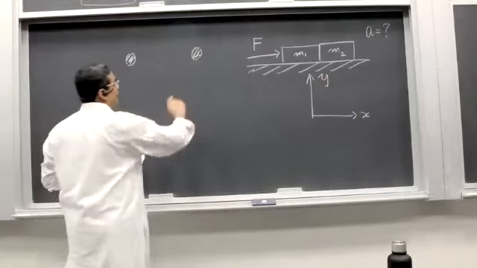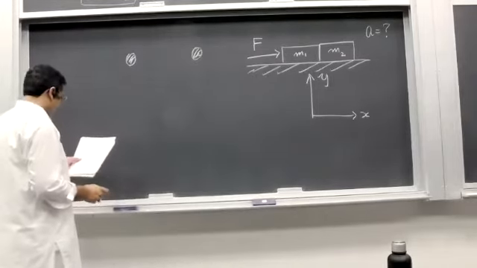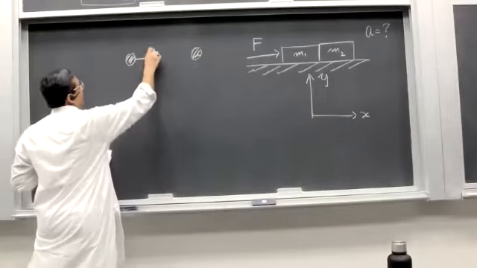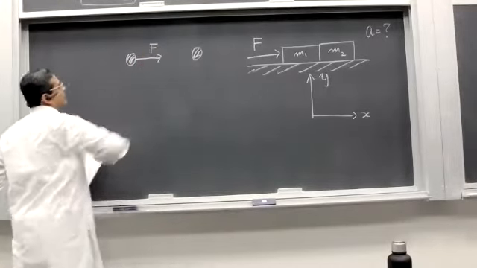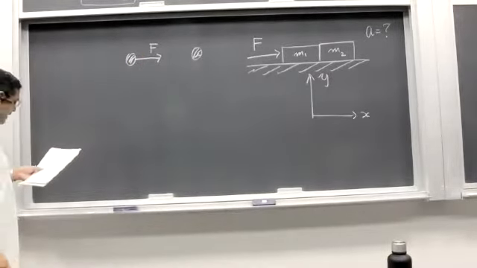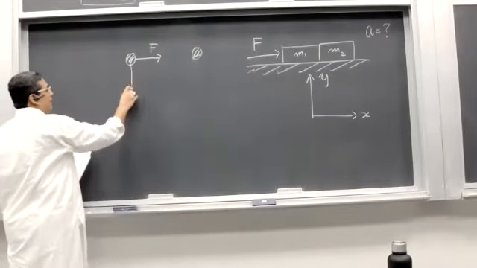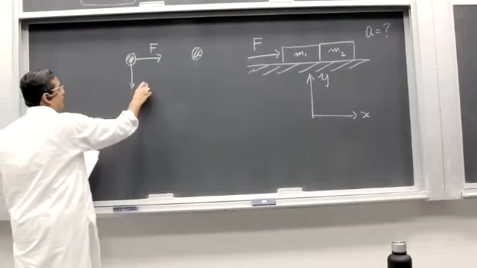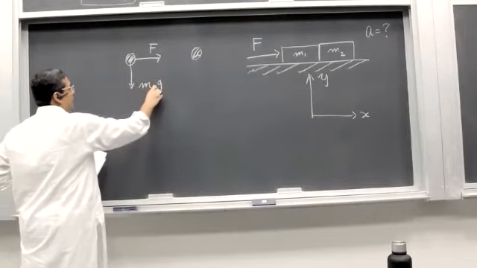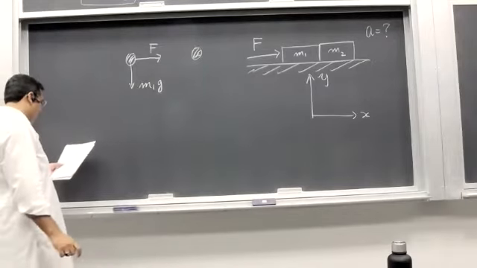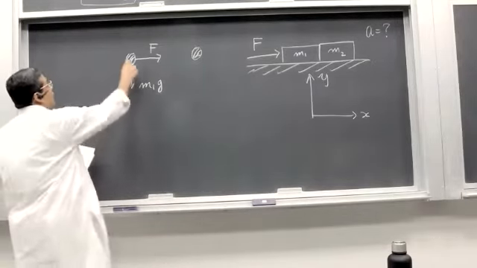So now let's consider block one, the first block. One of the forces acting on the block is the push that we are exerting, F, rightwards. Another familiar force is its weight, weighing it down, mass times the gravitational acceleration, m1 g. Right. Now there would be a normal force.